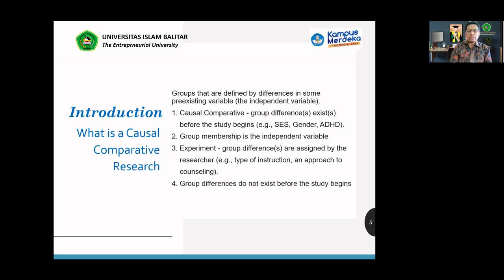In experiments, we are dealing with group differences assigned by the researchers, for example, type of instruction or approach to counseling. And the group differences do not exist before the study begins. Okay, let's go on.